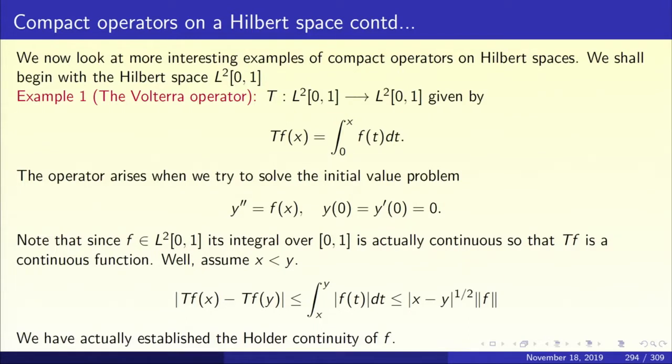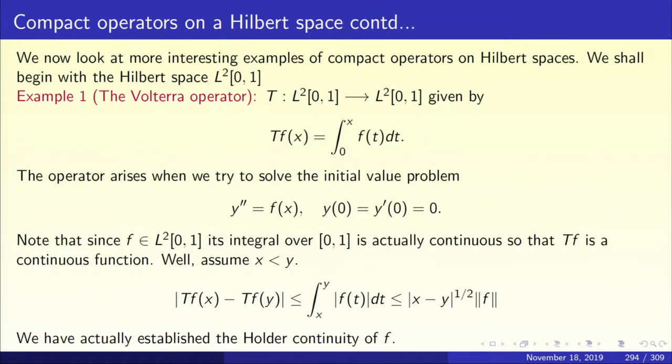Now that integral is a product of two things, the integral from x to y of 1 times mod f(t), and now we must apply the Cauchy-Schwarz inequality. It will be the square root of mod x minus y times the L2 norm of f. So you get mod Tf(x) minus Tf(y) less than or equal to the square root of mod x minus y times norm f.